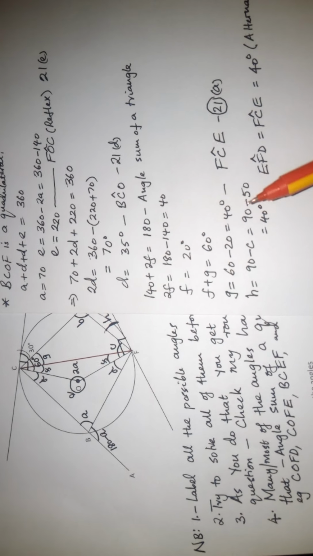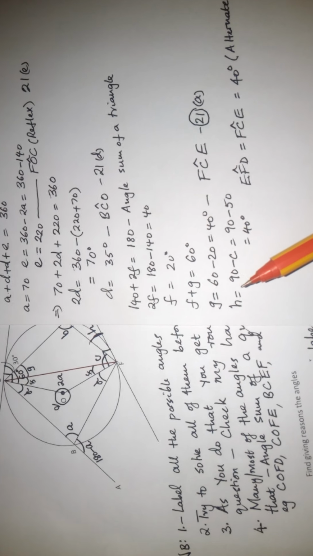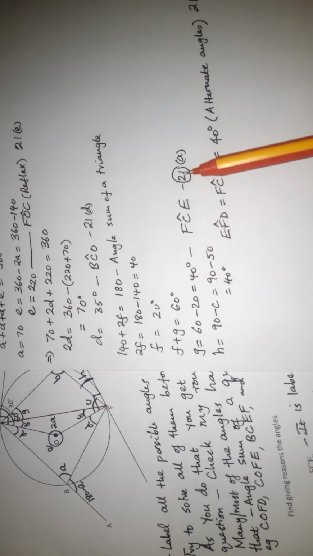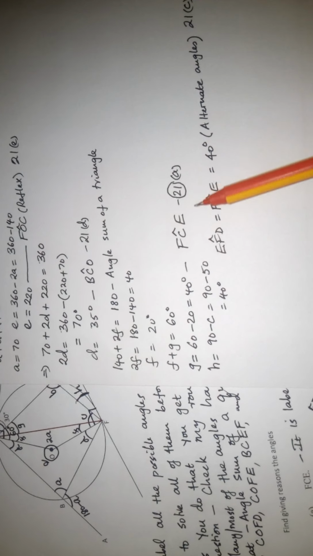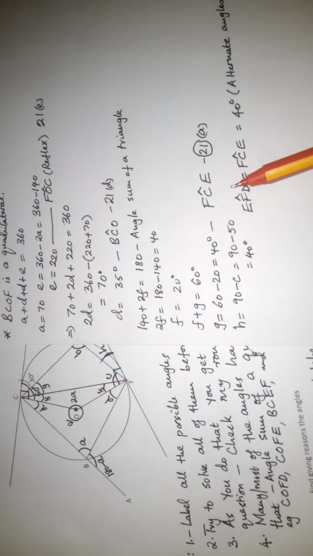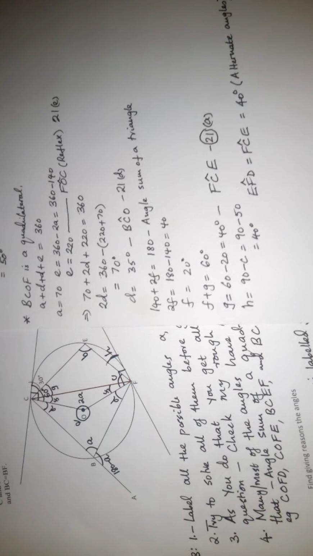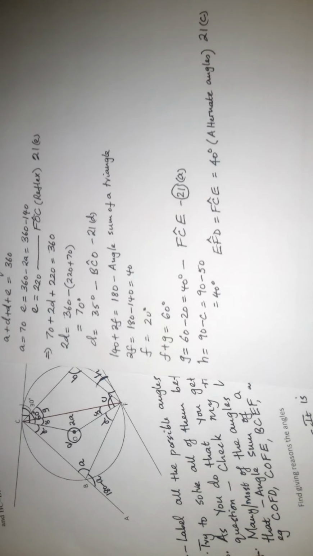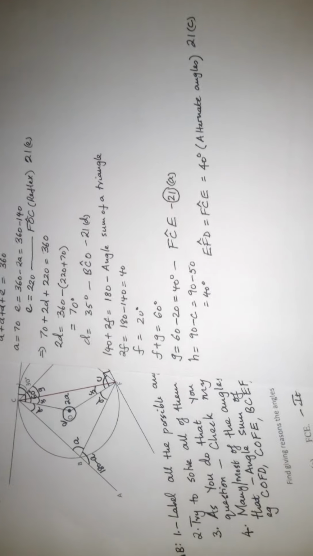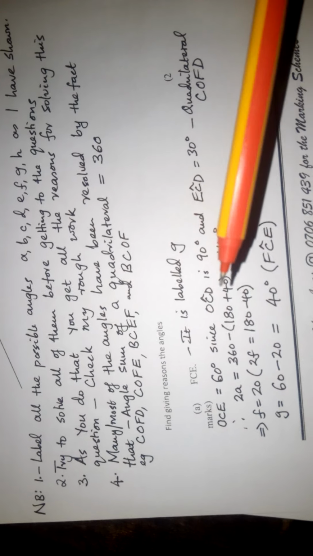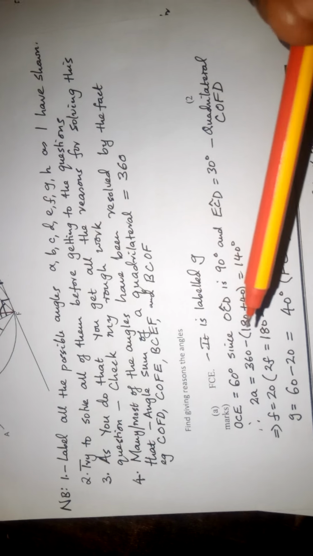So when it comes to solving the problems now, it becomes pretty easy. When we look at H, you can give it in terms of alternate angles. EFD is equal to FCE. Those are alternate angles, and the angle should be 40 degrees. So now we get to the angles. We have said angle FCE is labeled as G from the rough work you have seen.